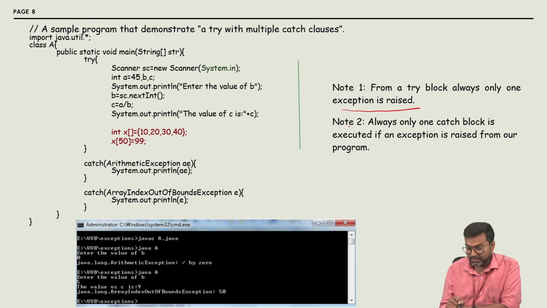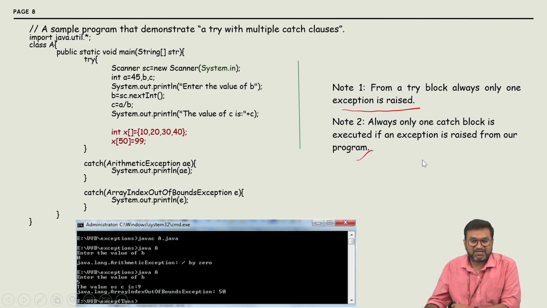And one more point, always only one catch block at a time is going to be executed, even if you mention multiple catch blocks. The corresponding handler only is going to process that raised exception object. These two are very important. At a time, only one exception is going to be raised from the try block, and only one catch block is going to be active while handling that exception.